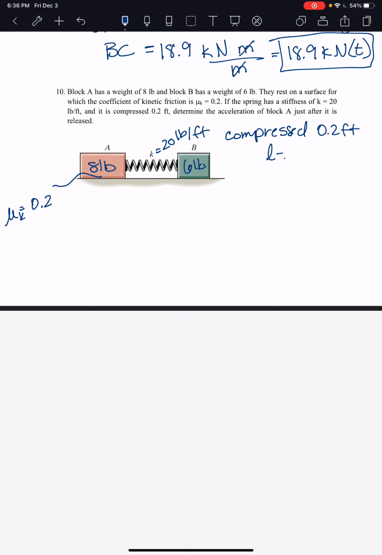So that would be L minus L naught. Determine the acceleration of block A just after it's released. So we're interested in block A. We're going to do a free body diagram equal to our kinetic diagram.